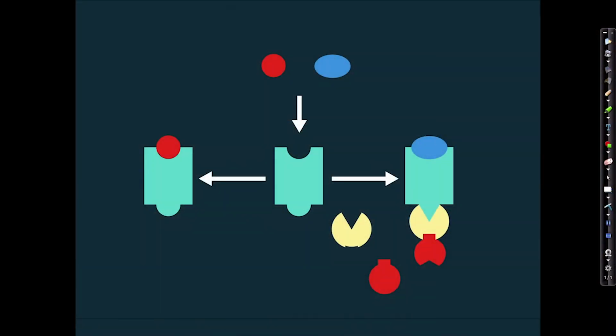So this is our diagram from an earlier unit where we have basically antagonism versus agonism. So this is an antagonist.